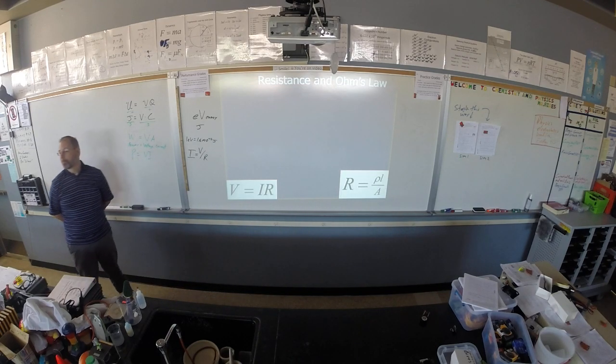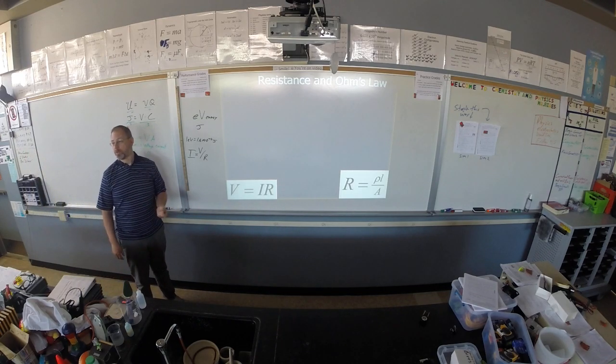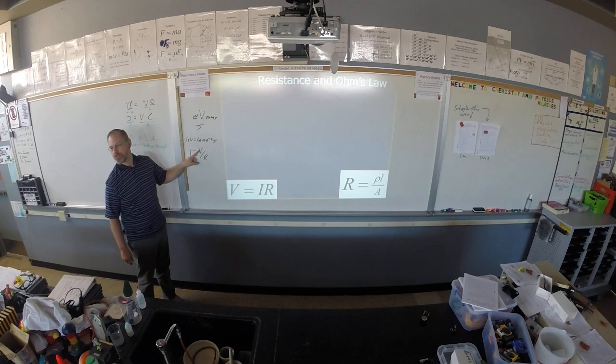Okay, so what does this mean? Basically, it means this. If you have charged particles traveling through a potential, and they're encountering a resistance, the current, or the speed of those charged particles, will be a function of how much potential they have. In other words, how big is the cliff, or how strong is the pump, divided by what's getting in the way.